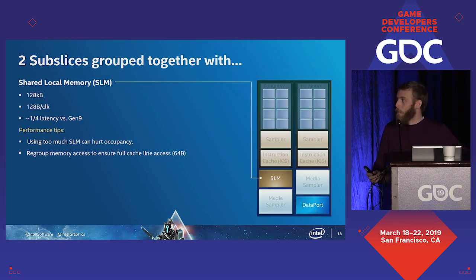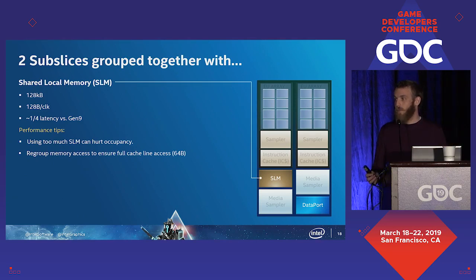shared local memory. One thing that you need to be careful with shared local memory is that using too much can hurt the occupancy. For instance, if you are using 32 kilobytes, which is the maximum that the DX specs allows, there's not going to be enough to fill all of the EUs with thread groups of 32 kilobytes.